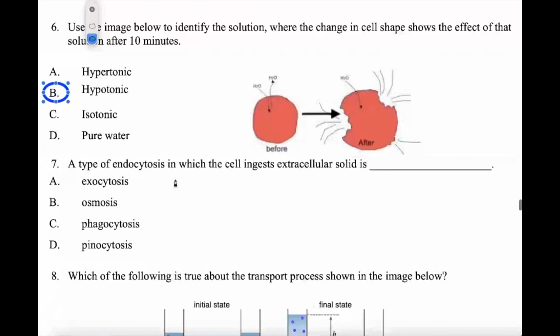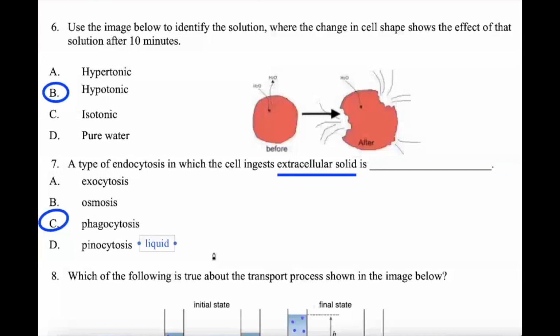A type of endocytosis in which the cell ingests solid is phagocytosis. And when it is liquid, pinocytosis.